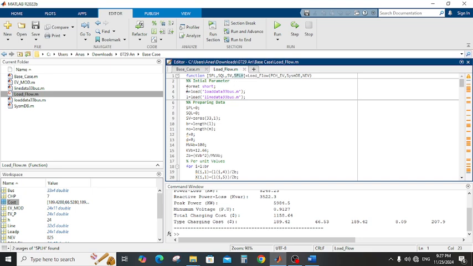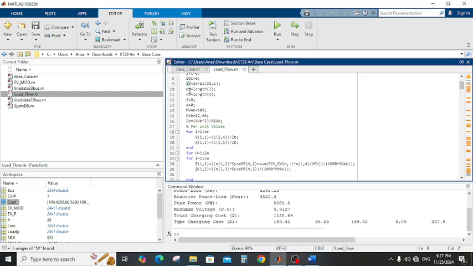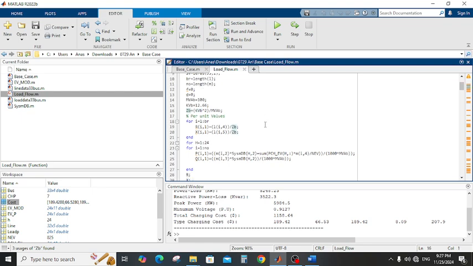As you see here, we first set the initial parameters, and we call the load data bus and the line data bus, and after that prepare some data to be zeros, and determine how many branches and how many buses, and after that the base MVA, base kilovolt, and the base impedance.